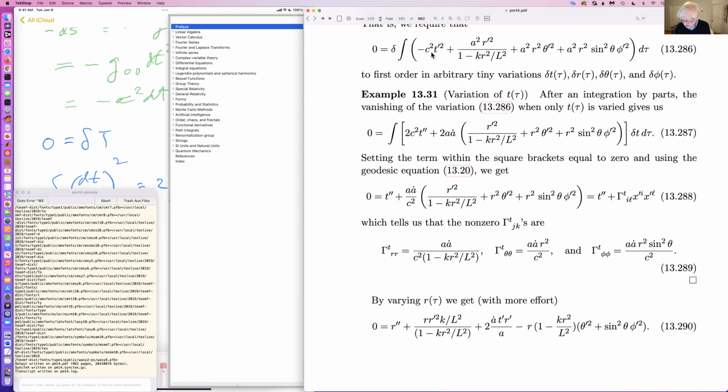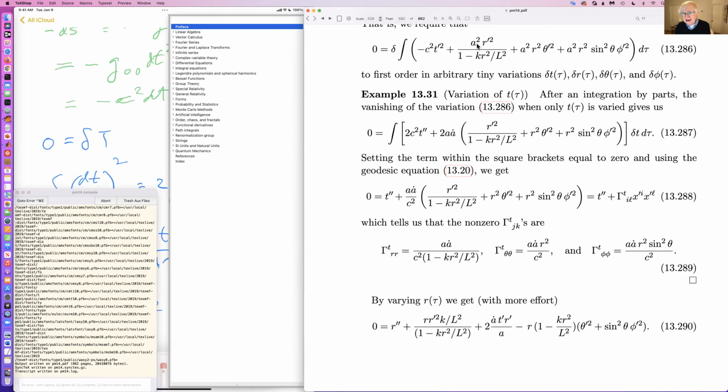And so this is 2 dt d tau times d tau of the variation of t. And now you integrate by parts and you get -2 d2t d tau squared times the variation of t. And so that's how this thing turned into that. That's where this term came from, and the minus sign was absorbed. Over here, t is not occurring very often. It just occurs in a squared.